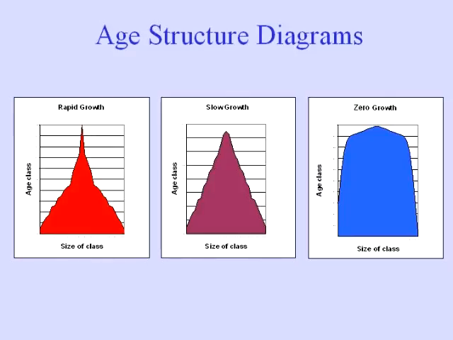Now, if we look at the middle purple graph, that's a situation where you have a population undergoing modest amounts of growth. Like, for example, you might see in North America, in the USA and Canada, where we have quite a few children, in large part, however, because of immigration into our countries from elsewhere.